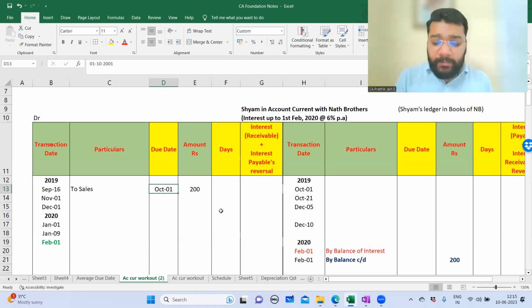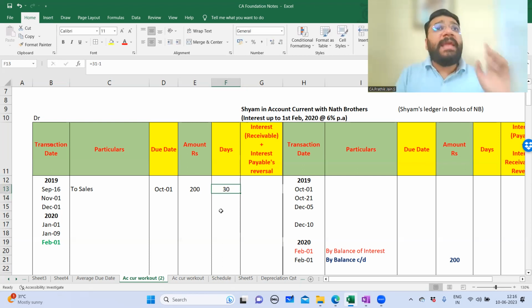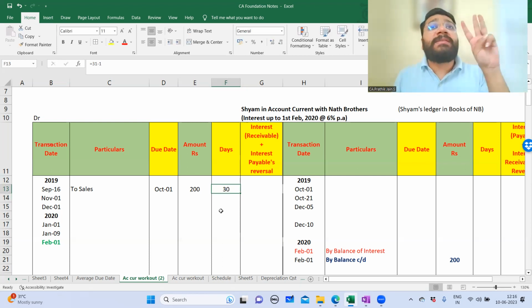So can you please calculate the number of days? We are on October 1. The due date is October 1. In October, totally how many days? 31 days. The due date is the 1st, which means till midnight of the 1st you have time. If I make payment by then, no interest. But from 2nd October onwards, interest will be calculated. So 31 minus 1: if there is a delay in payment in October, 30 days is the total delay.